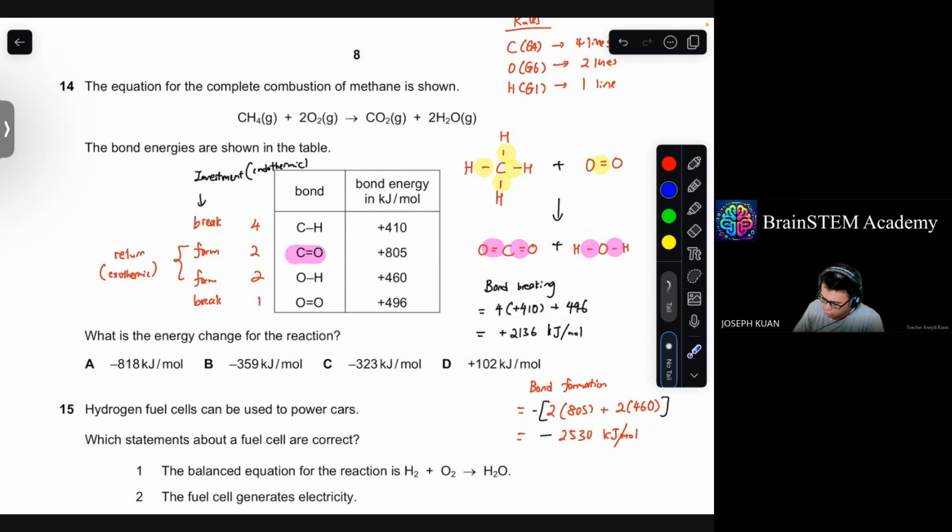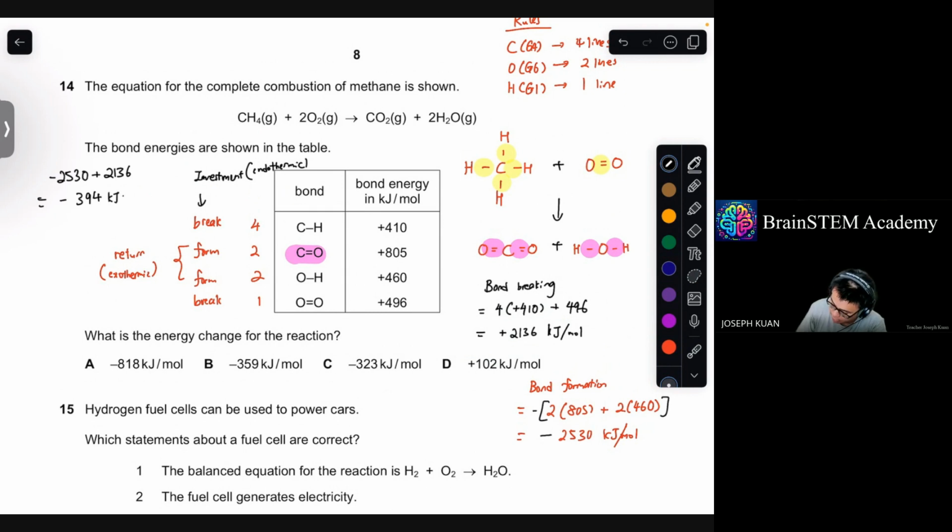All you need to do is take negative 2530 plus 2136. Essentially, you just find the difference between the investment and the return. So you will find out that the return is 394 kilojoules per mole.